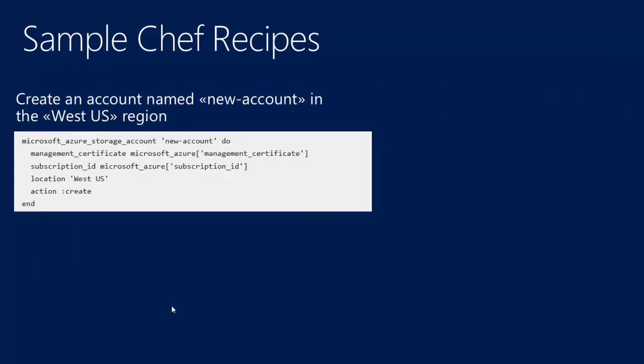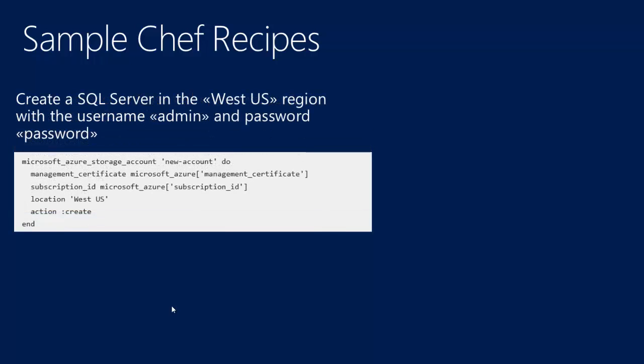This one creates a storage account named new account in the region of your preference. By using recipes like this, you can easily automate creating a storage account, or even, like in this example, a SQL server in Azure with the username and password you have provided. So it's great for automation.